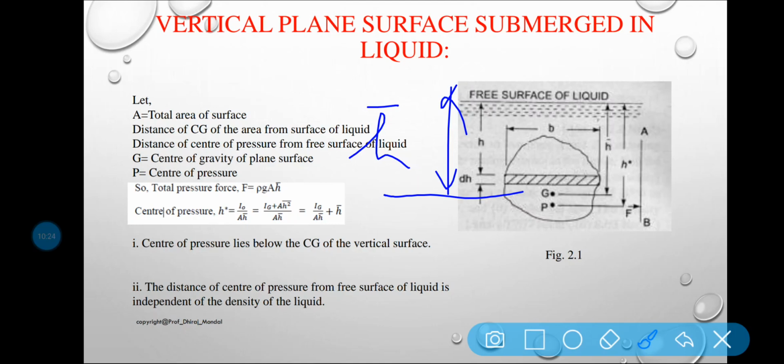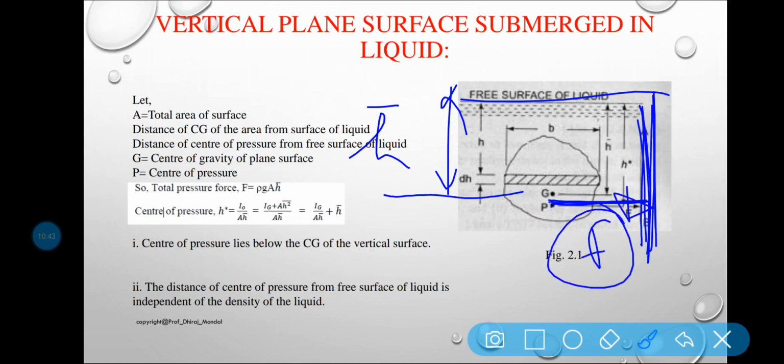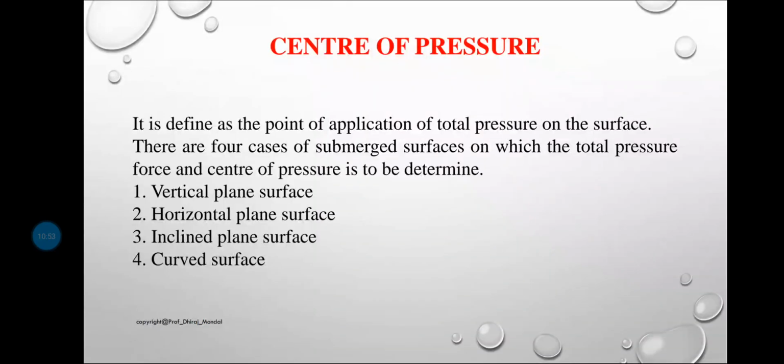Then from this point P, if I draw a line parallel to the free surface, and this is your normal, that means a vertical plane, the force acting here is F, and this F is called the force due to total pressure. Okay, clear?